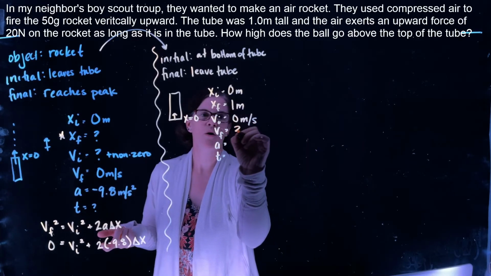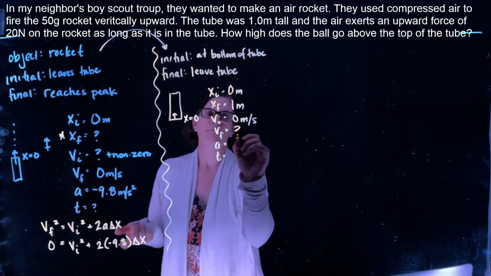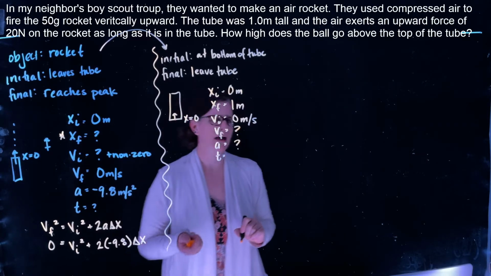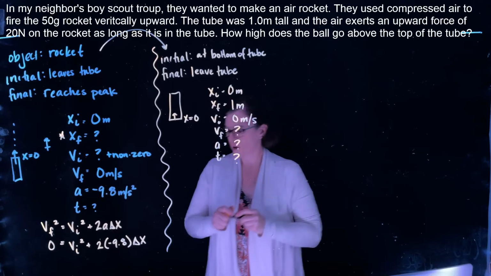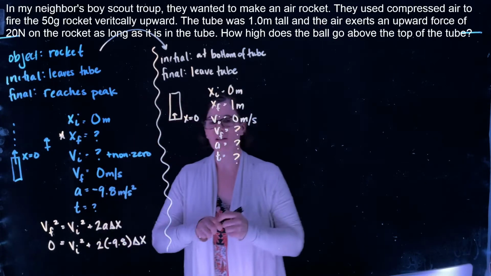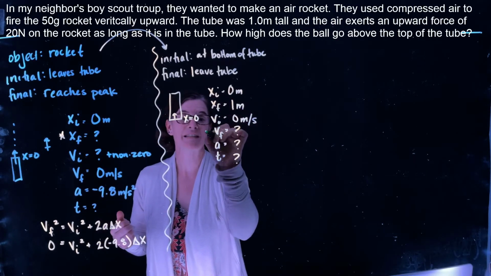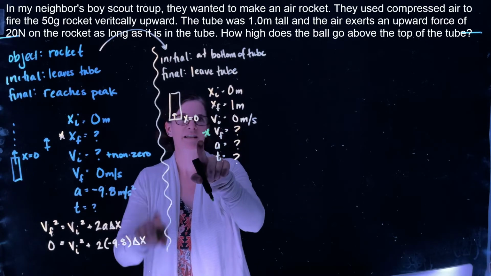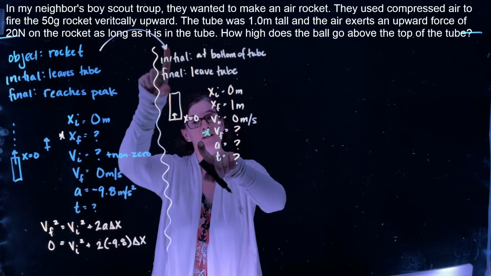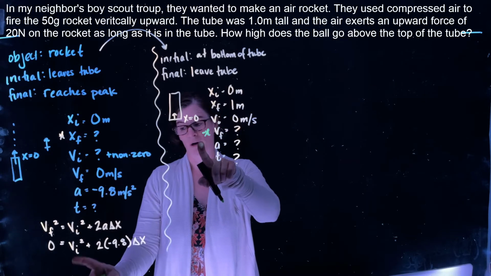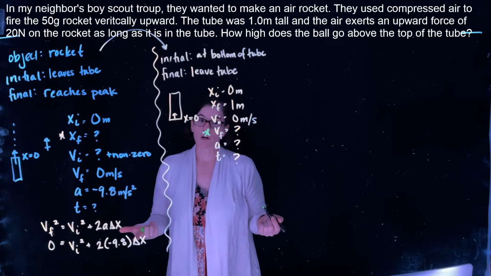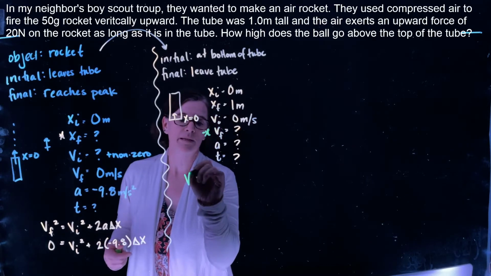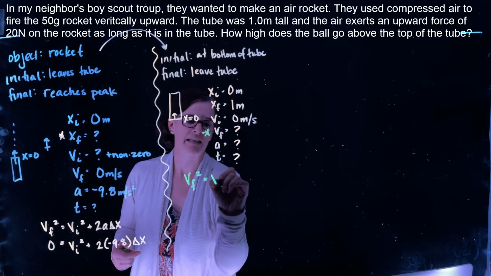We don't know the final velocity. We don't know the acceleration of that force, and we don't know the time. So what are we interested in this situation? Well, in this situation, we're interested in final velocity. Remember, final velocity of this part is the initial velocity of this part, which is what I needed to get delta x. So again, we don't know time, so we'll probably be interested in using this relationship.